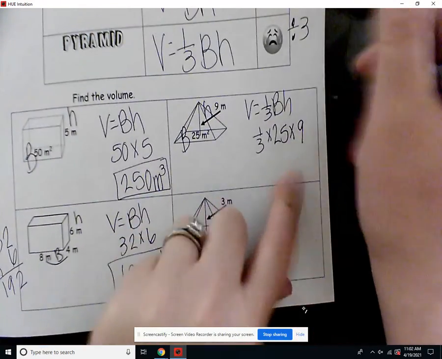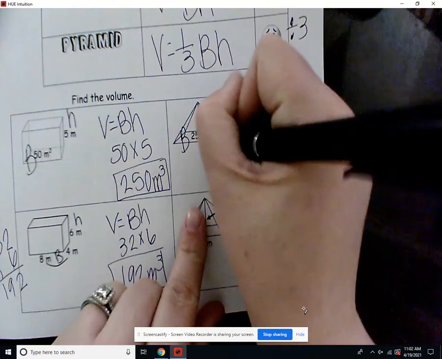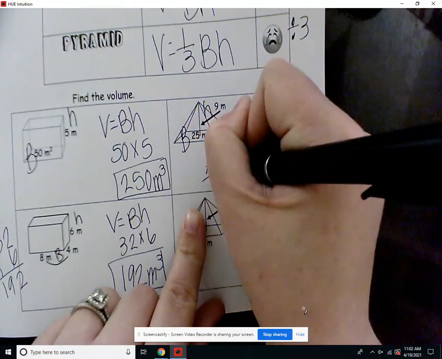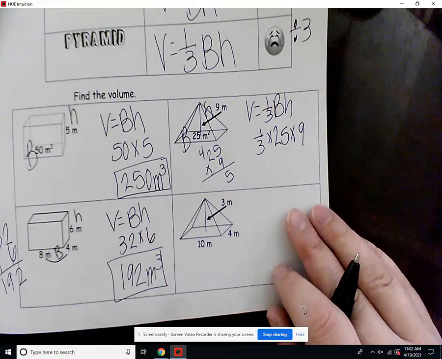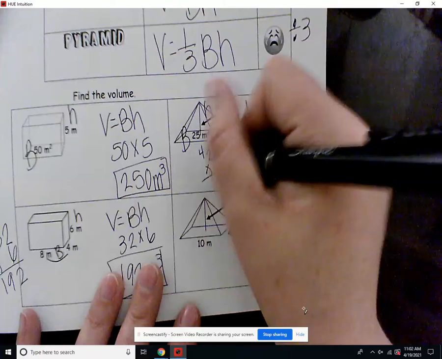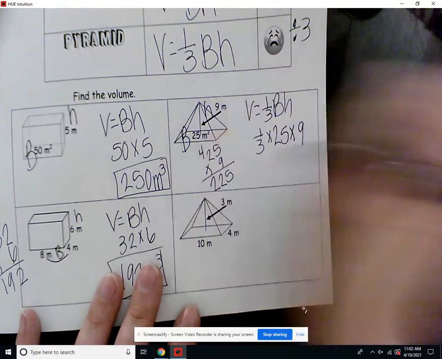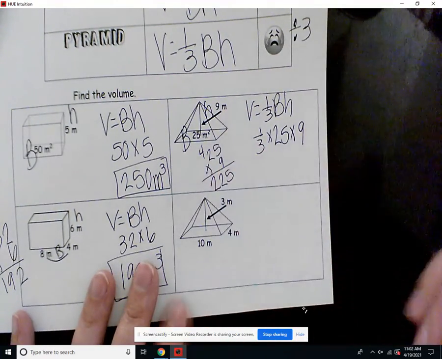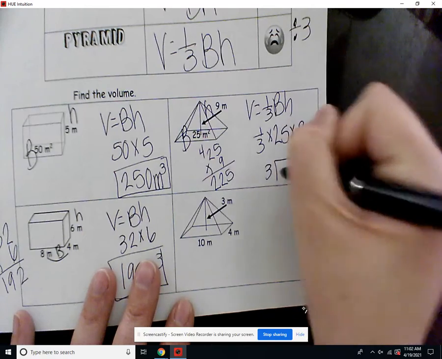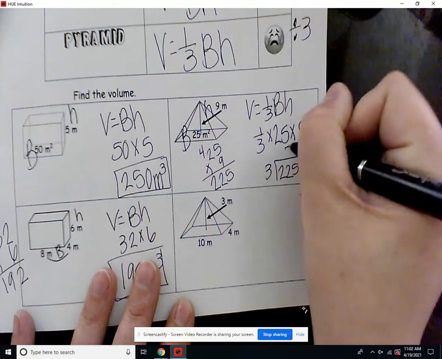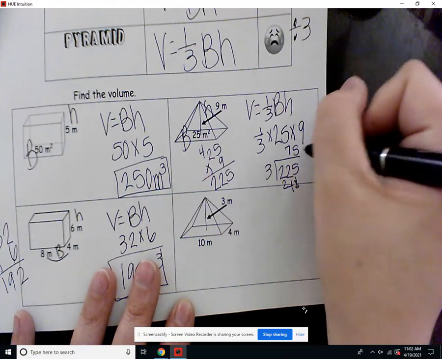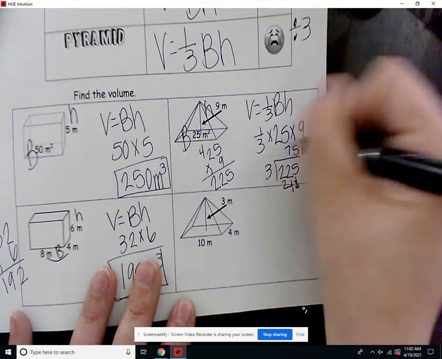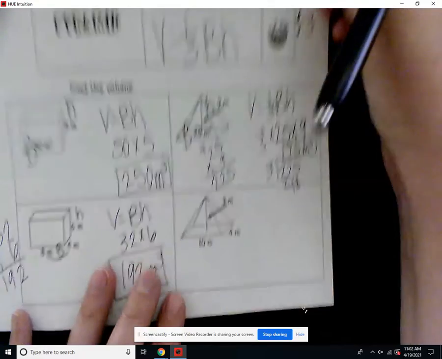So we're going to do 25 times 9 first. And then we're going to divide that by 3 for 1/3. And we get 75 meters cubed.